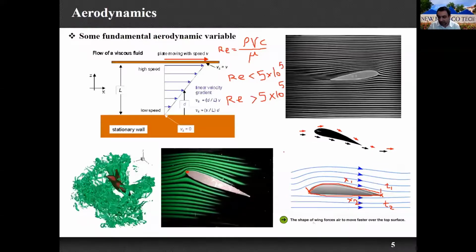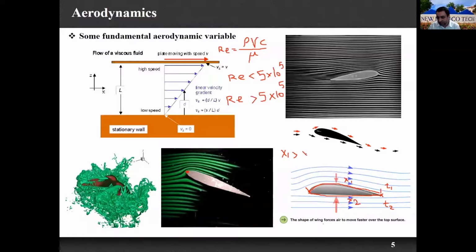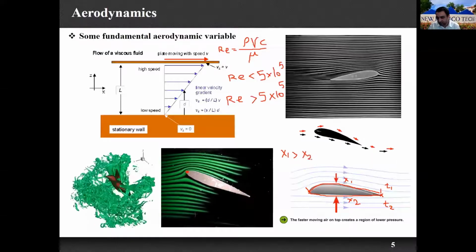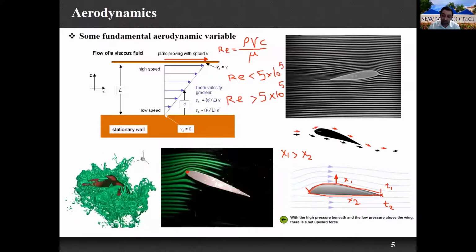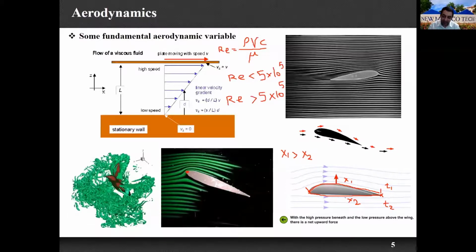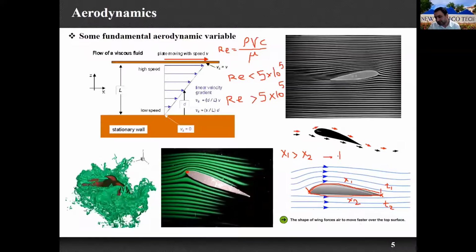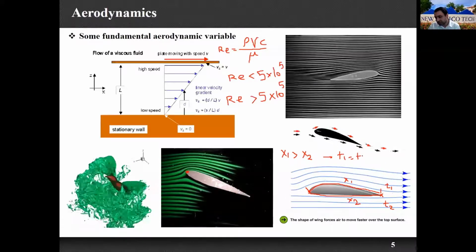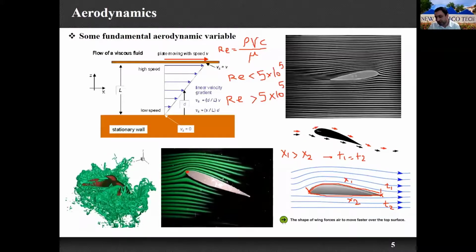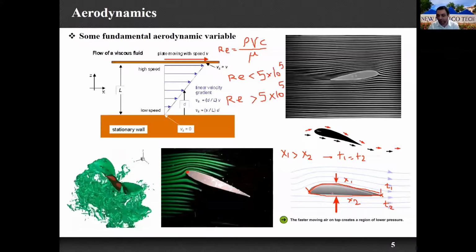But we know that x1 is more than x2, as we said that the upper camber or upper surface of the airfoil has a longer distance than the lower side. And here we know that T1 is equal to T2, the amount of time that these streamlines need to move along the upper or lower side of our airfoil.